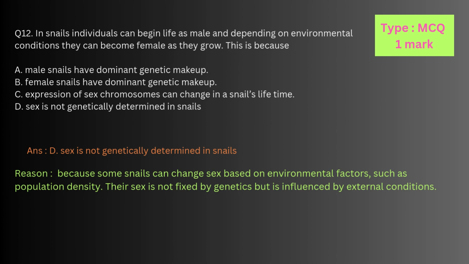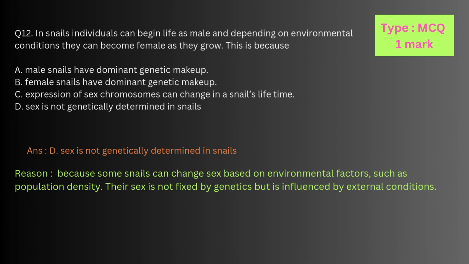Option A, stating that male snails have dominant genetic makeup, is incorrect because the sex determination in these snails is not based on dominant genetic makeup. Similarly, option B is not correct because the sex change is not determined by the dominance of female genetics.